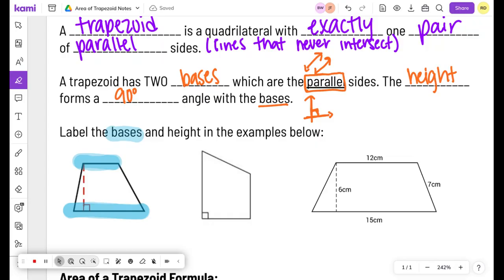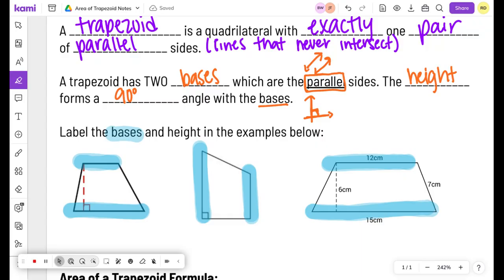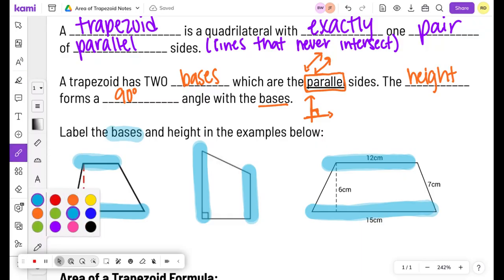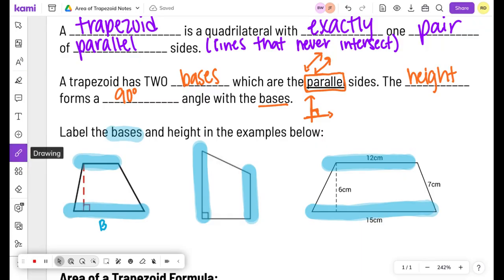In the second trapezoid, our bases are actually the sides because they are two straight lines that will never meet. And in our third trapezoid, the parallel lines are the measurements of 12 and 15. So those are our bases. I'm going to come back and label those with the letter B for base.